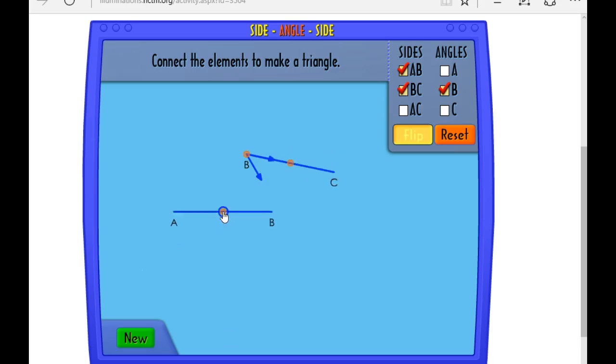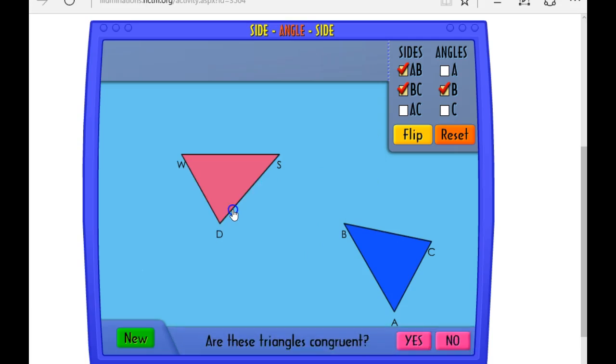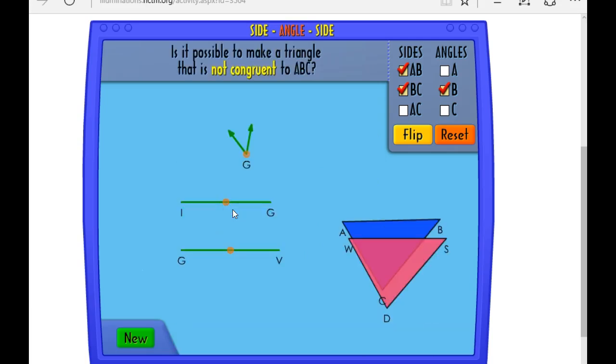There's that side, there's that angle, and then there's that side. Side, angle, side makes a triangle. Does the same side, angle, and side make the exact same triangle? Let's find out. And it gives us congruent triangles.